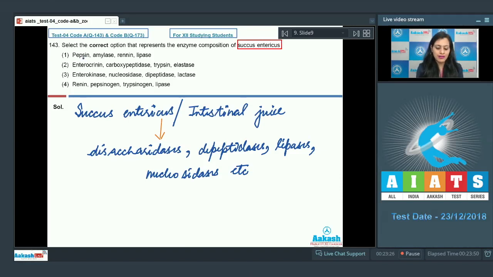The very first option given is pepsin, amylase, renin and lipase, and this is an incorrect option.